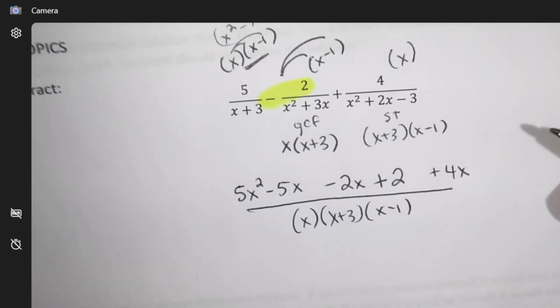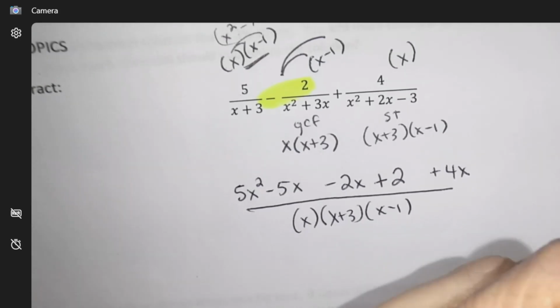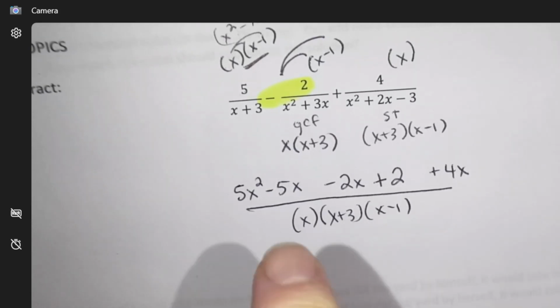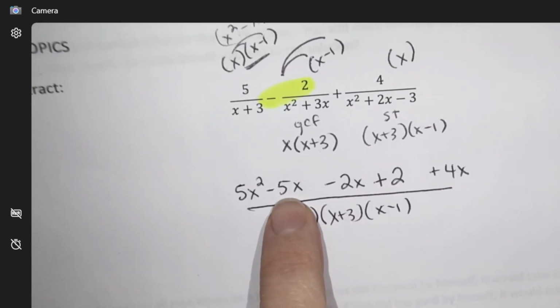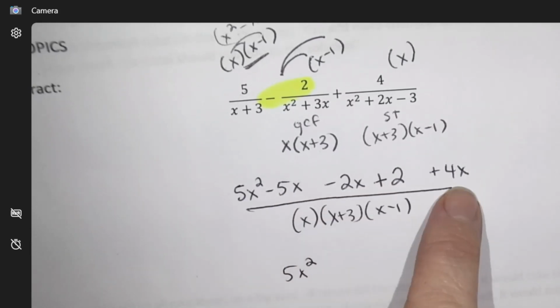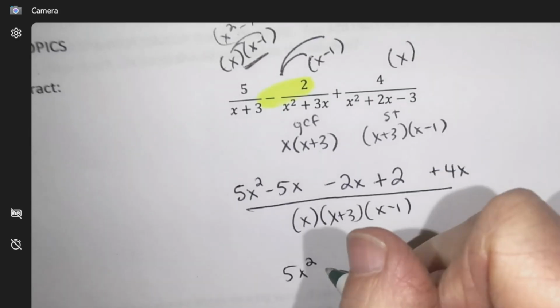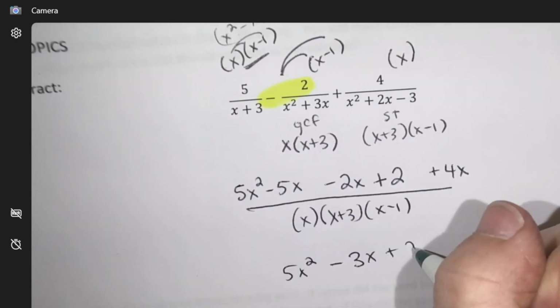Plus 4x. Okay, the last step is just simplifying, which means can you collect anything together? 5x squared. There's a bunch of x's to put together. So minus 7 plus 4 is minus 3x.